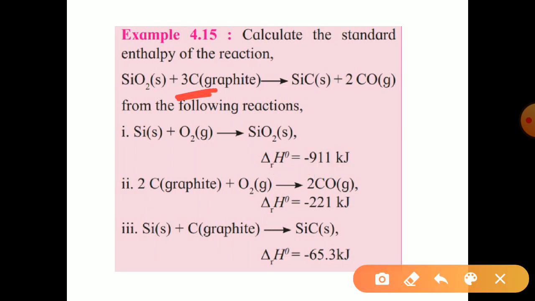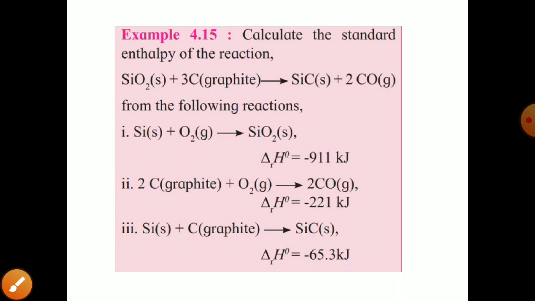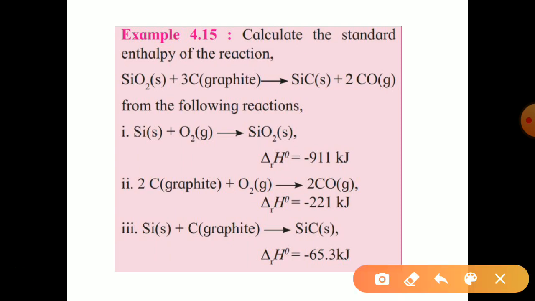Now 3 graphite we need: 2 graphite from the second reaction, and 1 graphite from the third reaction. So just by adding these 2 we will get the 3 graphite. Now on the right hand side we want silicon carbide and carbon monoxide. Carbon monoxide we get from the second reaction, and it is already on the right hand side.